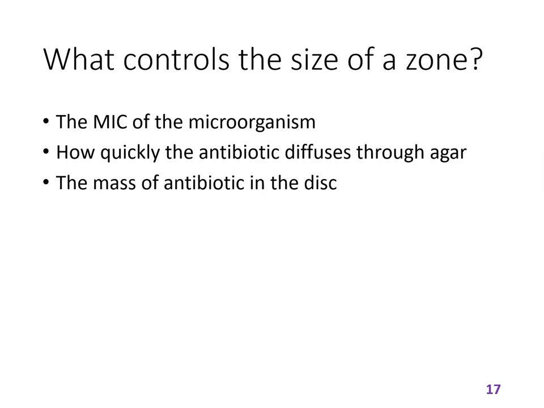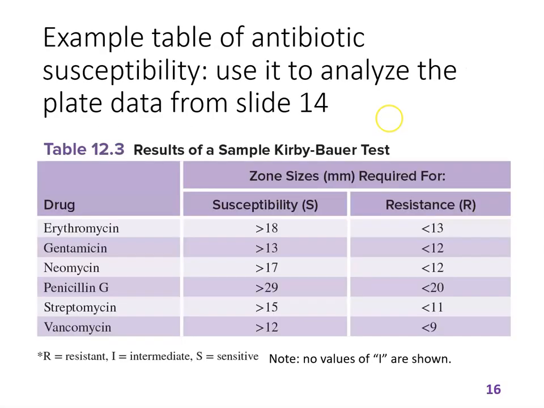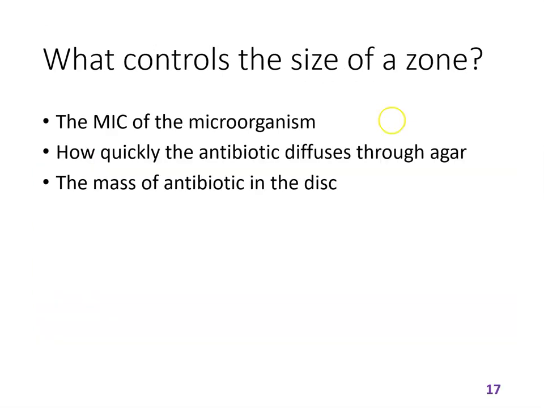And for common pathogens, we have the data to know what it means if there's a certain size of zone of clearing. That was an awkward way of saying that table on slide 16, that table is a small subset of a giant, many pages long table you can get that would guide you in this case.